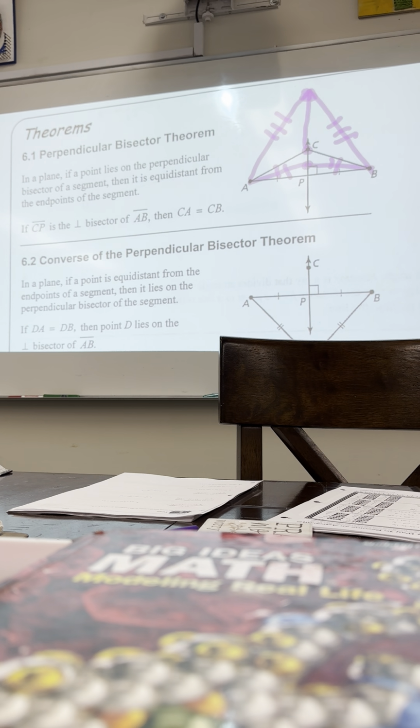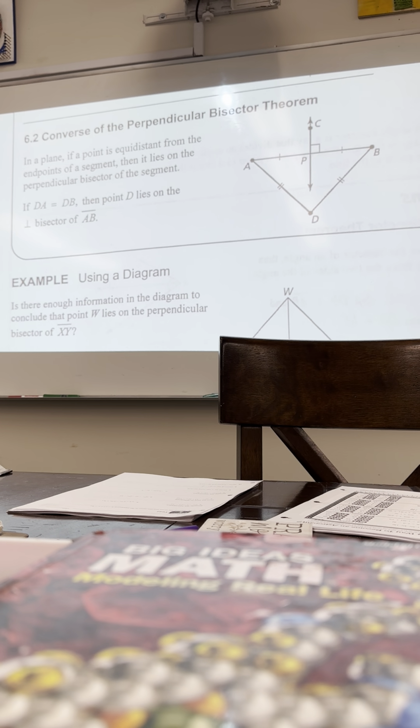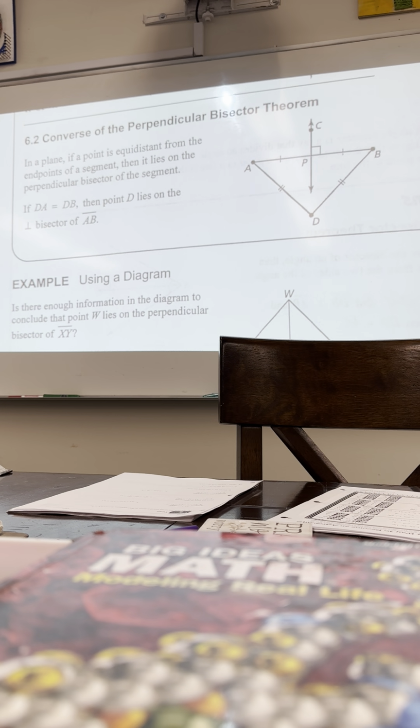Then the converse. The converse of that theorem is that in a plane, if a point is the same distance from the endpoints of the segment, then it lies on the perpendicular bisector of the segment. Now they have everything labeled in this drawing. But notice this point D isn't really on the line in the drawing.